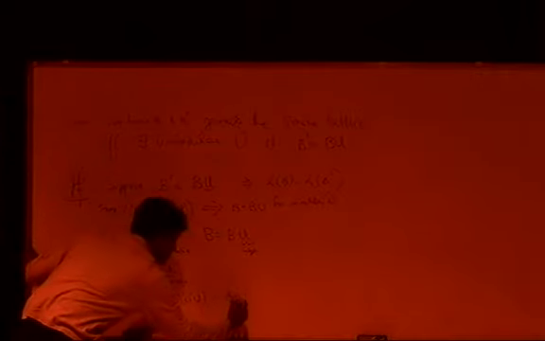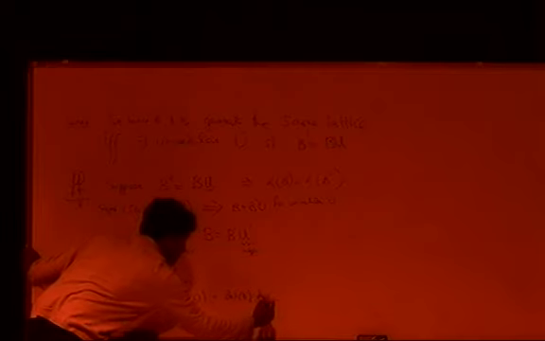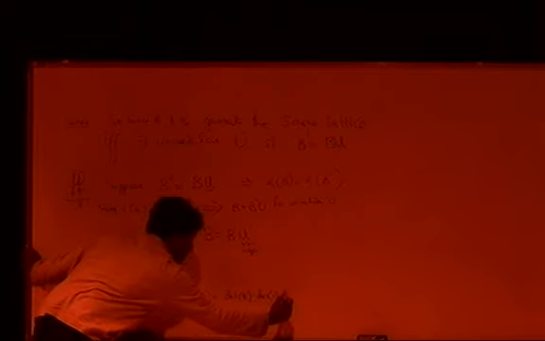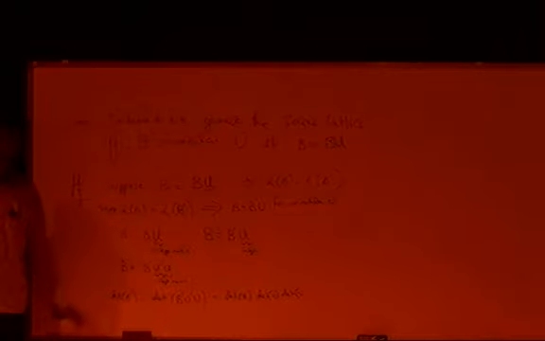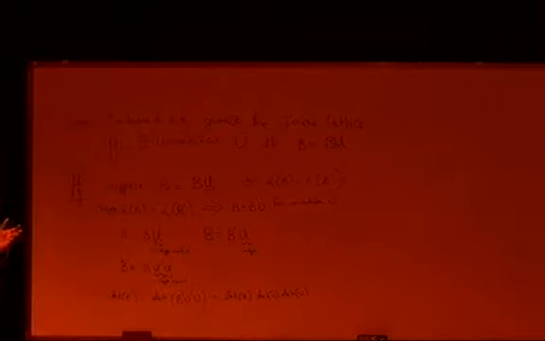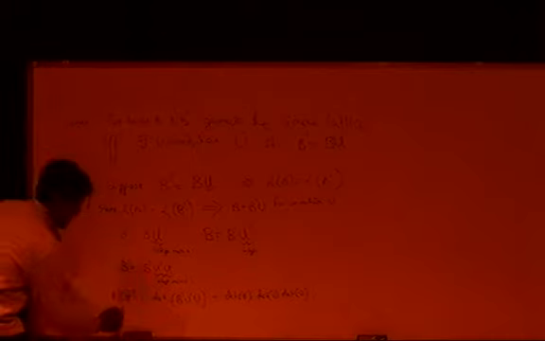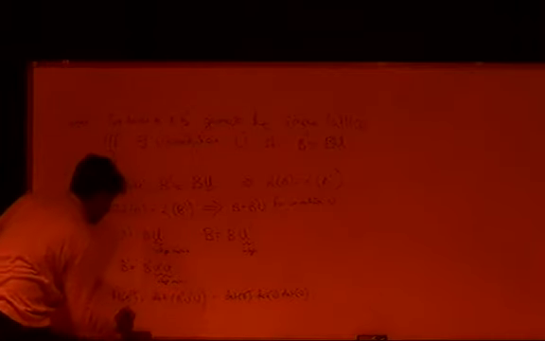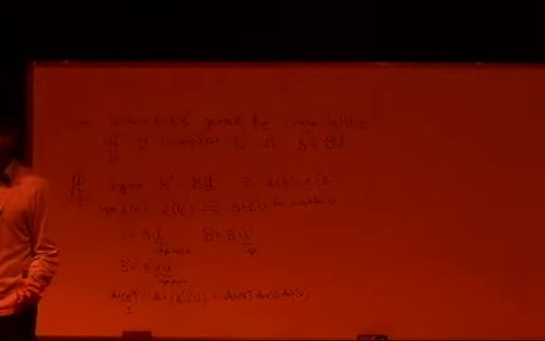So I get the determinant of B prime, times the determinant of U prime, times the determinant of U. Now, the determinant of B prime is non-zero, so I can cancel that out. Now I get the determinant of U times the determinant of U prime is 1.